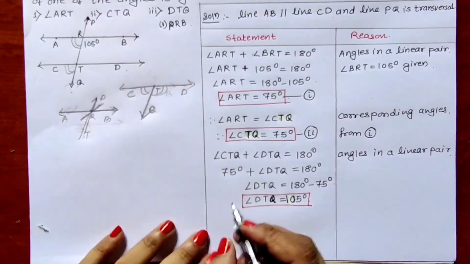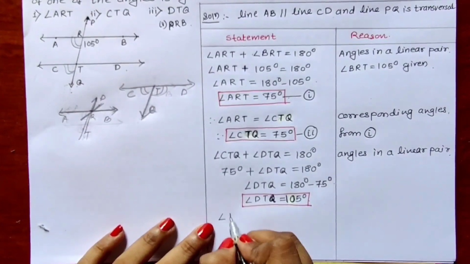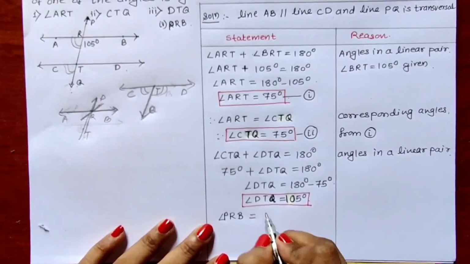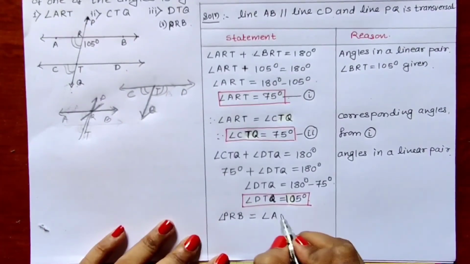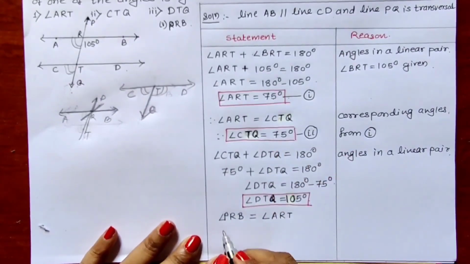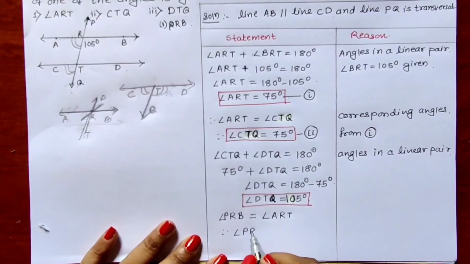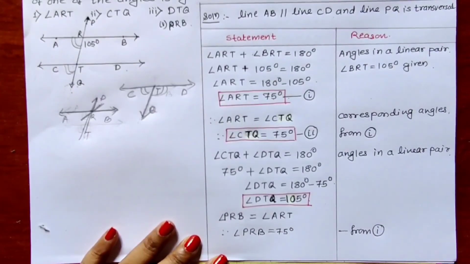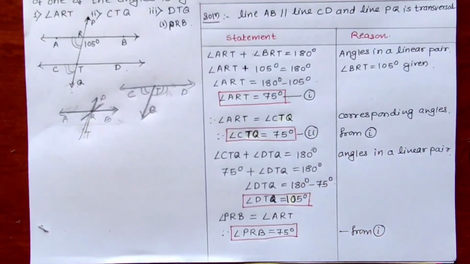So I can write here angle PRB is equal to angle ART, and ART we have got 75 degrees, therefore angle PRB is also equal to 75 degrees from 1. So here we can put a box. So in this way all these 4 angles we have got.